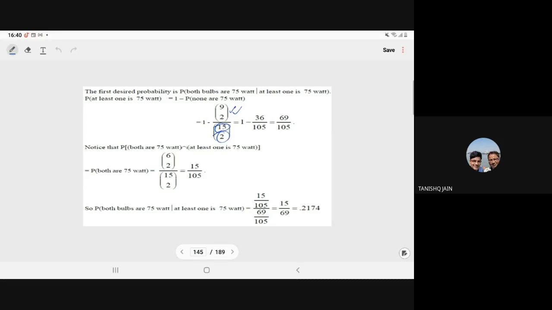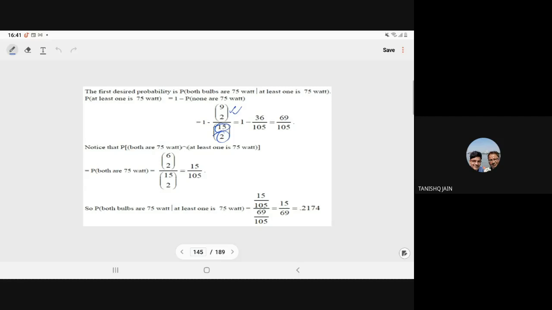Their intersection will be the probability that both are of 75 watt, since in that case one is always of 75 watt. Both are of 75 watt means 6C2 divided by 15C2, so this will come 15 upon 105.